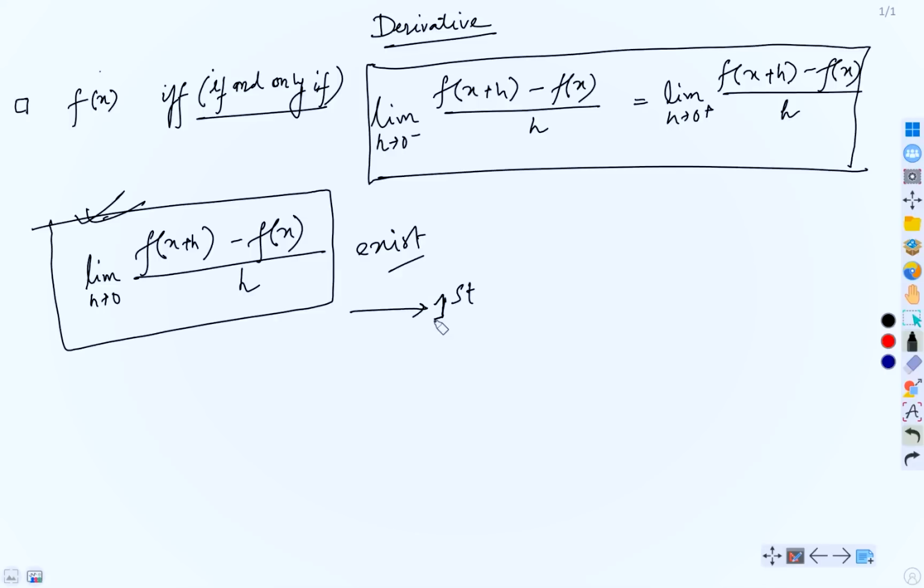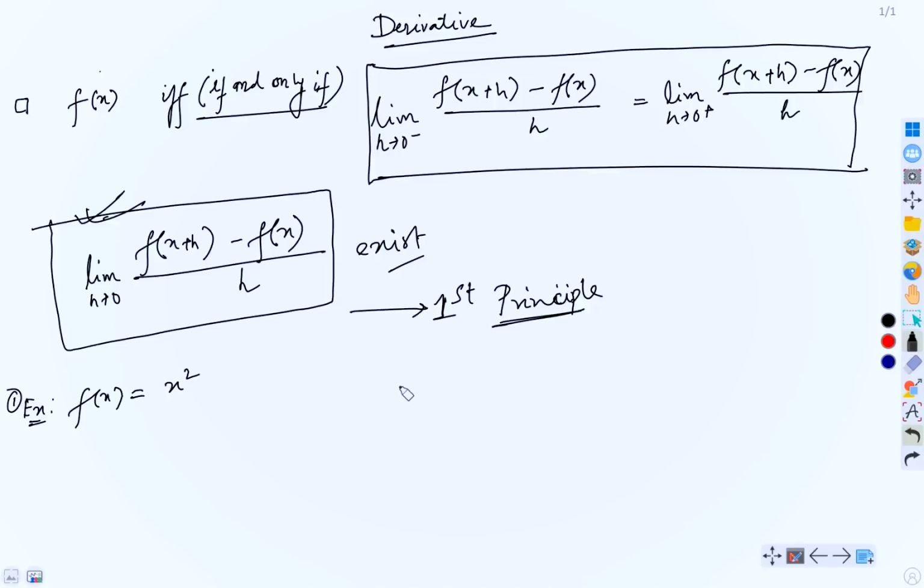We call this the first principle, okay? Sometimes in the questions, a function will be given to you, say for example, example 1: let f(x) equal x squared, okay?